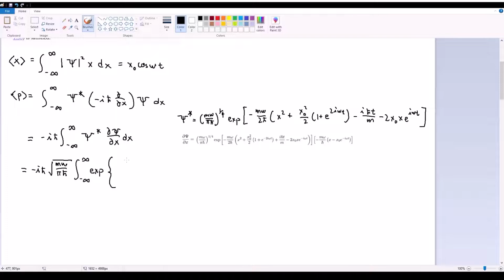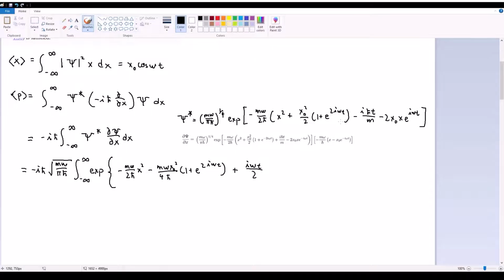Exponentials multiplied together have their exponents add, so we have negative m omega over 2 h bar times x squared minus m omega x naught squared over 4 h bar times 1 plus e to the 2i omega t minus m omega x naught squared over 4 h bar, yeah, plus, what's this going to be? The m's cancel, h bars cancel. This is going to be i omega t over 2, I believe.